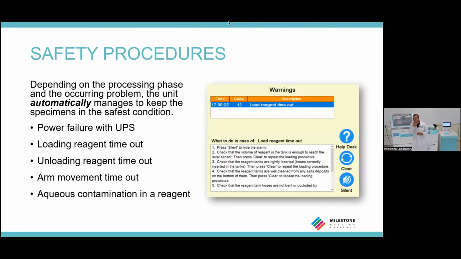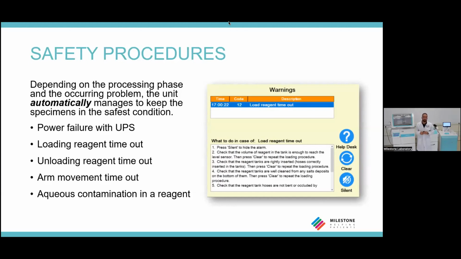For example, in case of delayed reagent loading, in the safety procedure shown in the picture, there's an explanation step by step for the operator for a safe sample recovery.